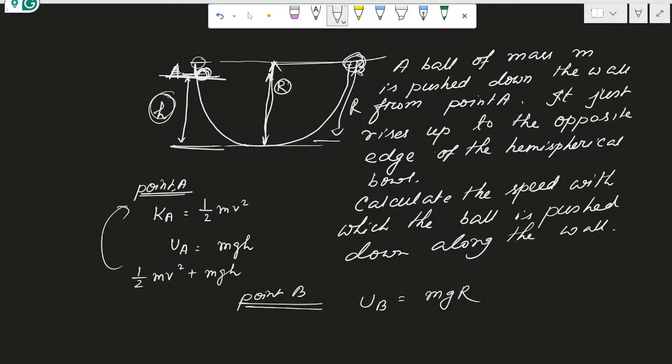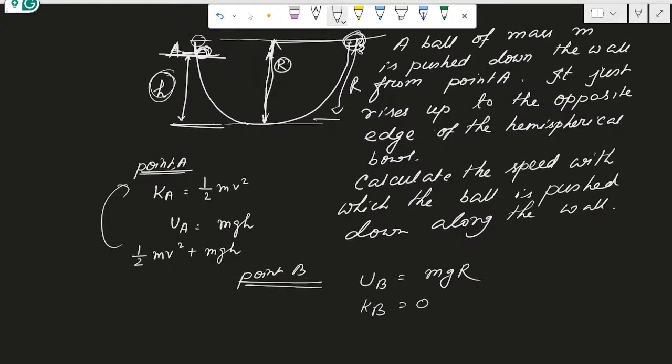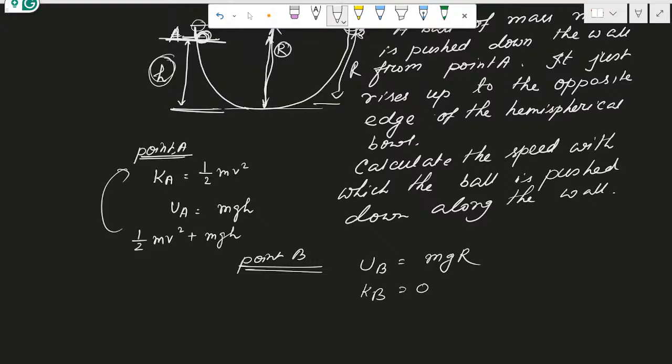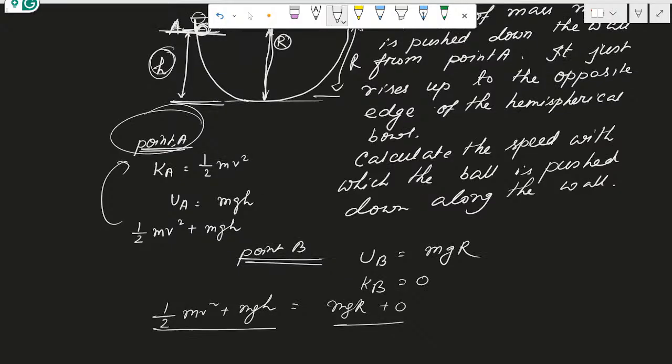The total energy is converted to potential energy. So half mv square plus mgh, the total energy at point A, is equal to mgR plus 0 at point B.